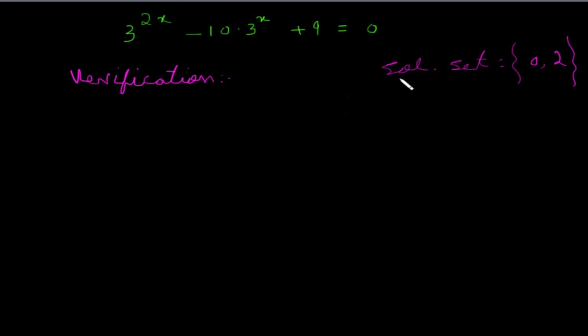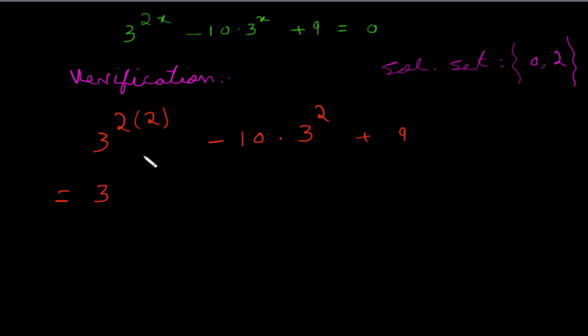To check 2, let's put 2 in the original equation. It becomes 3^(2·2) - 10·3^2 + 9. We also have to check whether it gives us the right-hand side, that is 0.